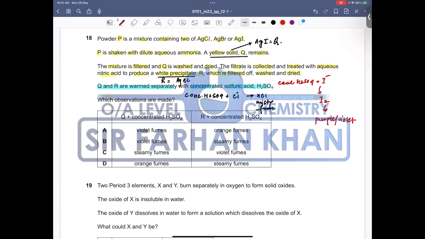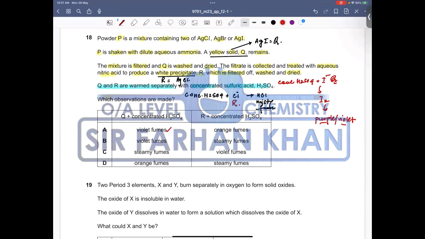So this is your R and this is your Q. Q gives purple or violet color, so Q is basically iodide, readily oxidized into iodine. Violet is given in A and B, which means either A or B will be correct. Obviously, C and D are incorrect options.